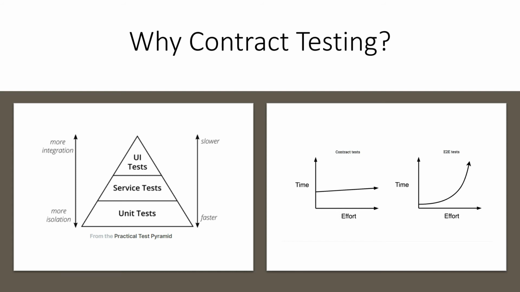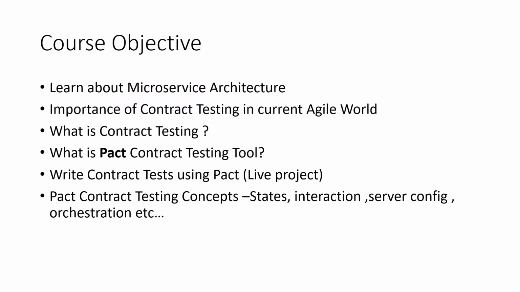Now we can start with the course content, what you are going to get from the Contract Testing with Pact course. For the course objective, we will first learn about microservice architecture, and the difference between the current microservice architecture and the previous monolithic architecture.